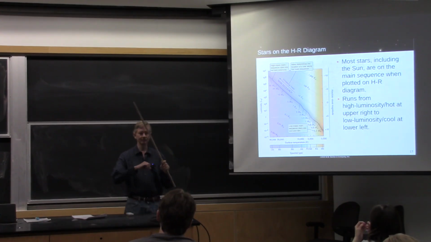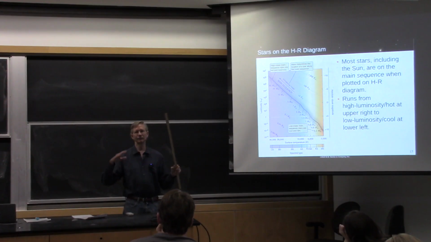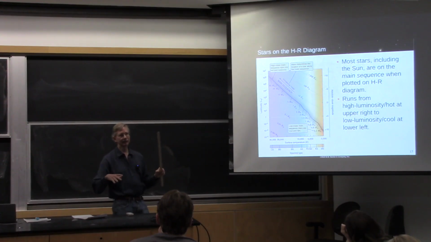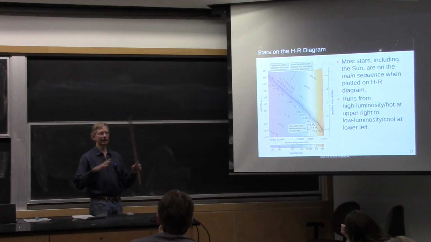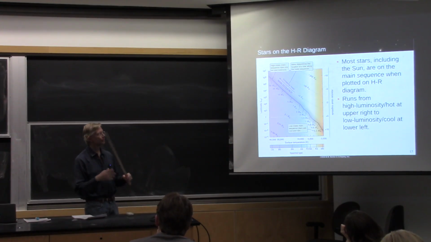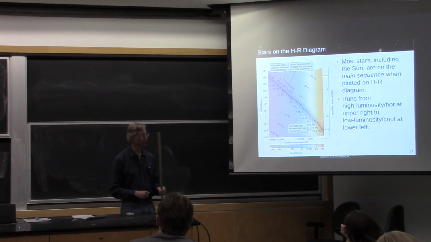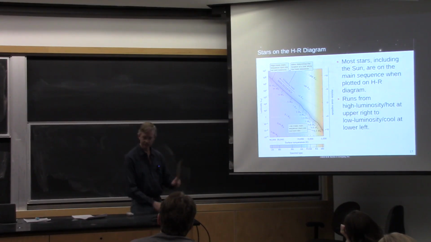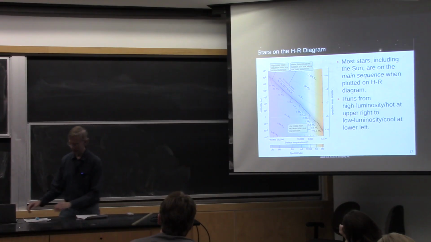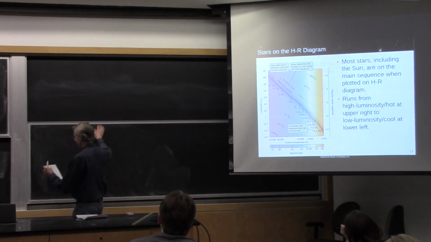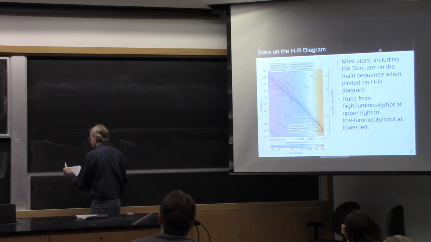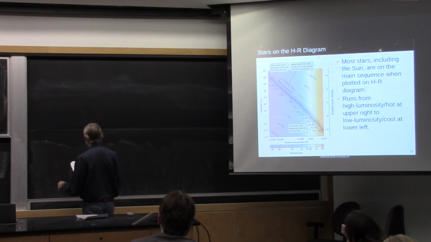We'll see this rule gets thrown out when stars move off the main sequence because they're fusing other things in other places. It's not a tight correlation anymore. But if you're fusing hydrogen in your core so that you are a main sequence star, then where you are on the main sequence is determined almost entirely by your mass. That's a big, very important thing to understand, so I'm going to write it down.